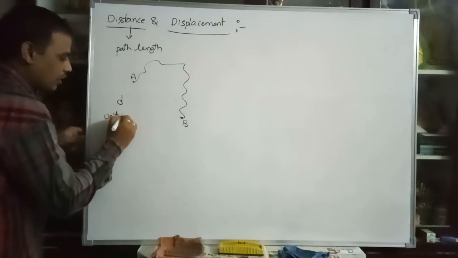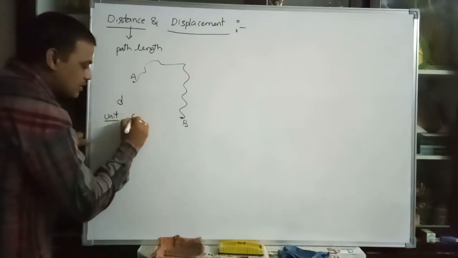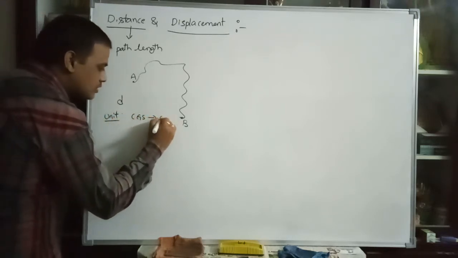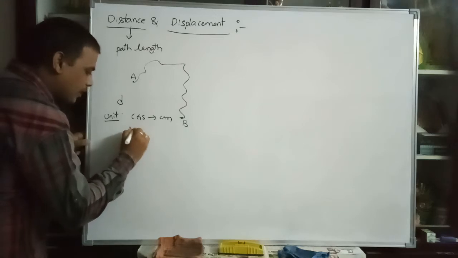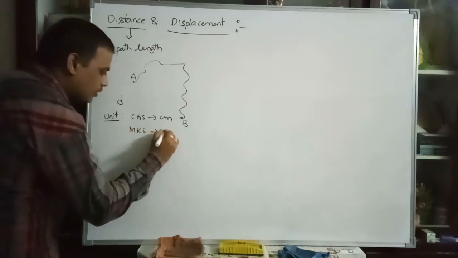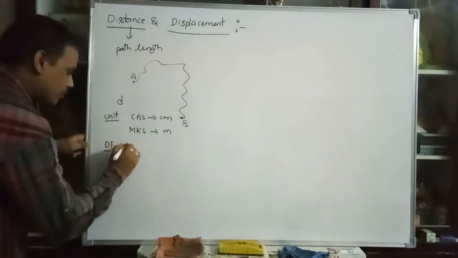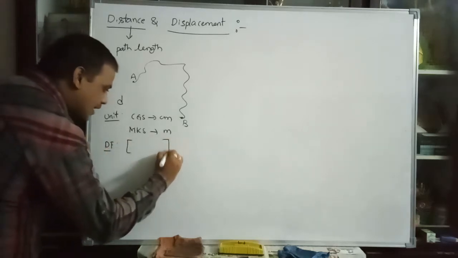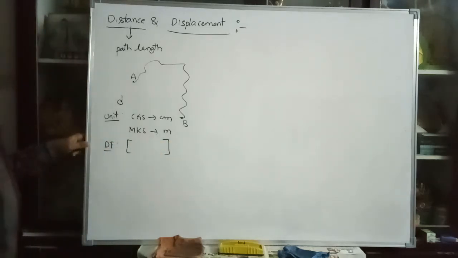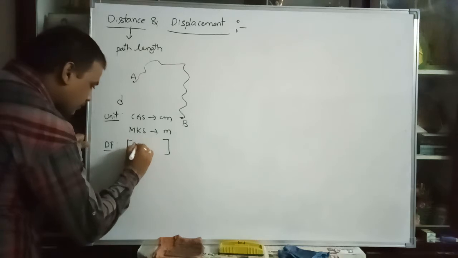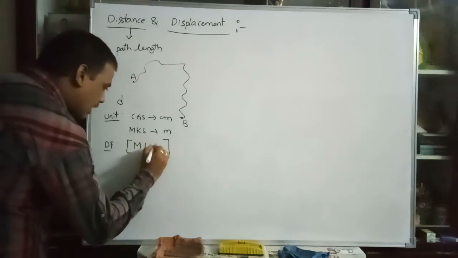The unit of distance is the centimeter in the CGS system and the meter in the MKS system. The dimensional formula must be expressed in terms of square brackets, using the basic terms mass, length and time.